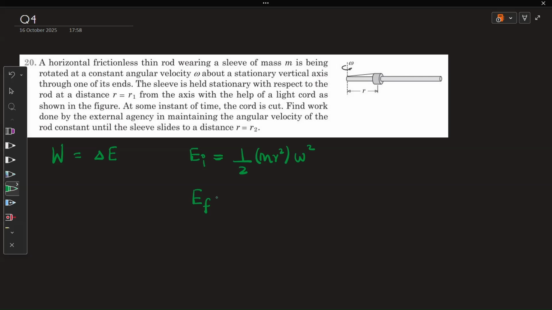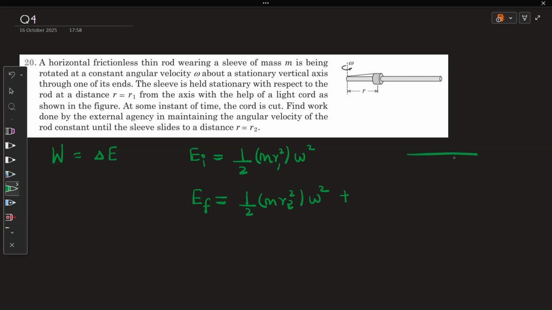So what is the energy at the final point? At the final point we also have the same rotational energy, with R1 initially, rotational kinetic energy in the same omega square. With that, we have another translational kinetic energy.